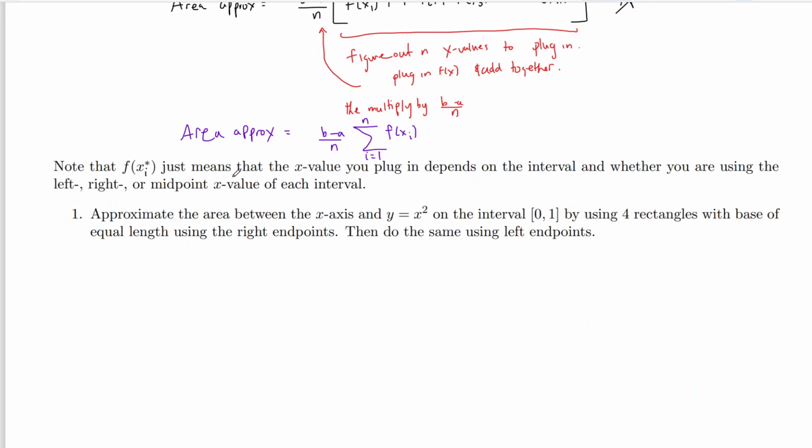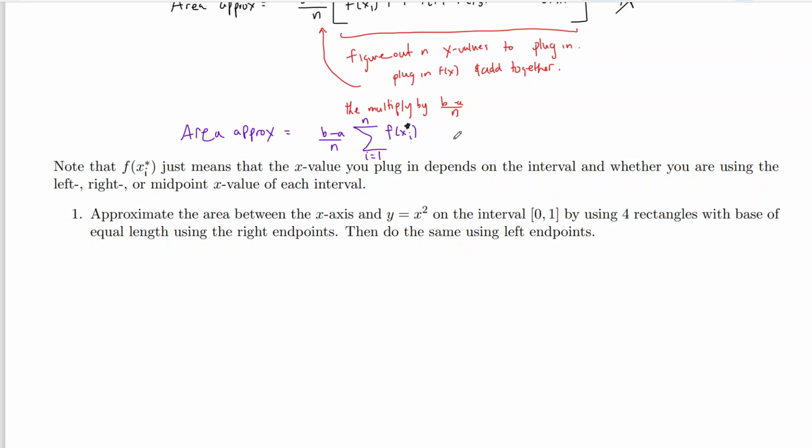f of x subscript i star just means that the x value to plug in depends on the interval and whether you are using left, right, or midpoint x values, sort of how we described it. So a lot of people put a star here to say it could be a lot of different things. There's not just a basic formula to figure out what x value you're plugging in. If you don't like that star, you can just completely leave it off and leave it as x i.